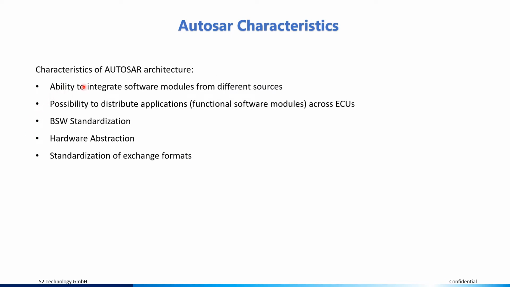Characteristics of AUTOSAR architecture: the ability to integrate software modules from different sources, and the possibility to distribute applications across ECUs. Hence, the OEMs can now effectively relocate any function among ECUs using the RTE, which reduces the large effort of relocating functions between ECUs and of reusing functions. Also BSW standardization and hardware abstraction.